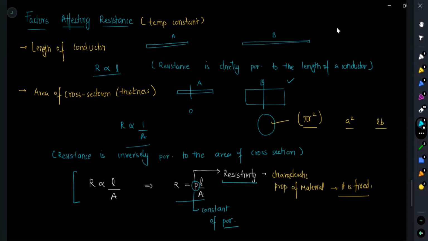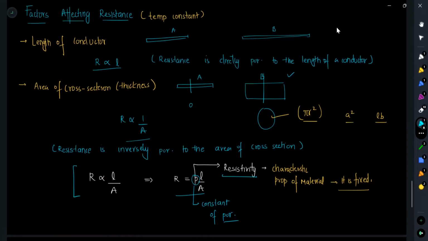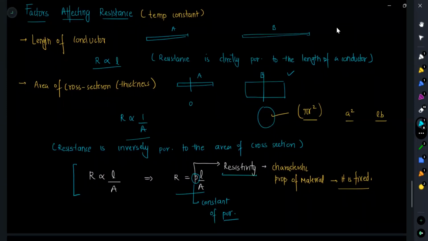Now we'll be writing the formal definitions of resistivity. Defined value की fixed value होगी. And it is also measured in rho. So इसकी units भी rho होती है. Sorry, ohm meter.